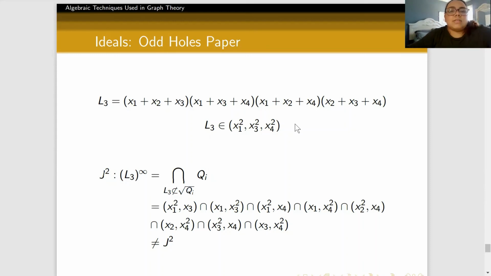So because there is no term that is only made up of x2s, we know that L3 is going to be in the ideal generated by x1 squared, x3 squared, x4 squared. And because L3 is in there, we have that piece is missing from the intersection. So we get that the saturation of J squared is not equal to J squared.